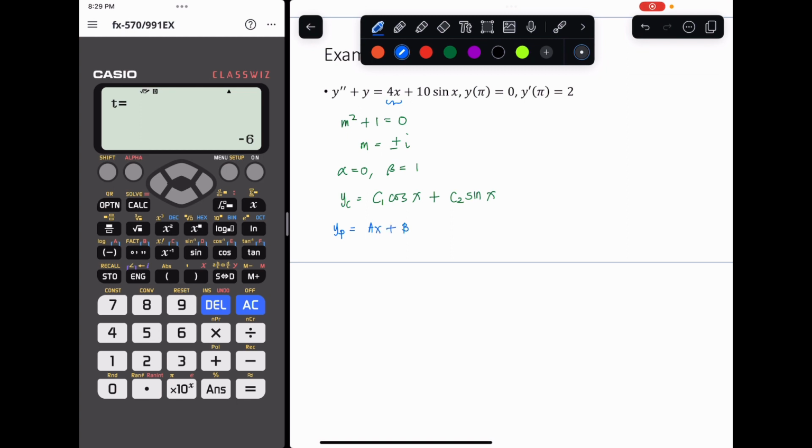For our second term we have 10 sine x, so I'll have c sine x plus e cosine x. That is our yp. We now find yp prime.